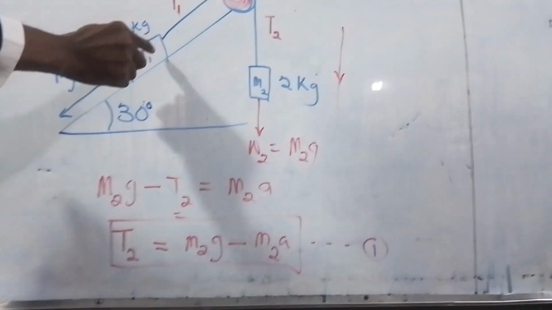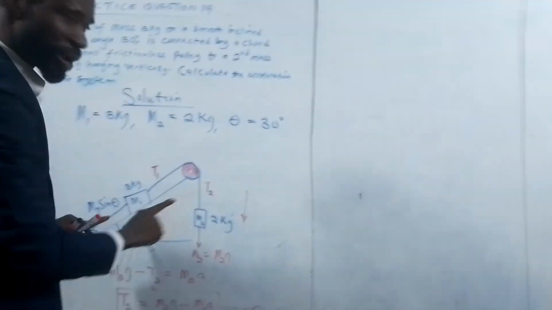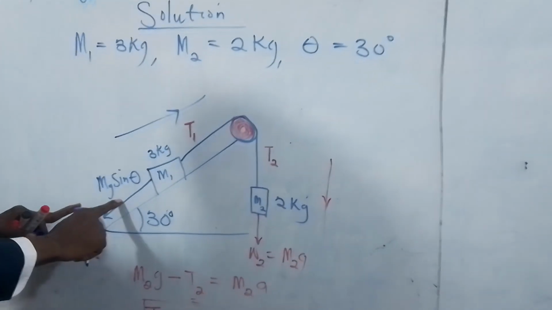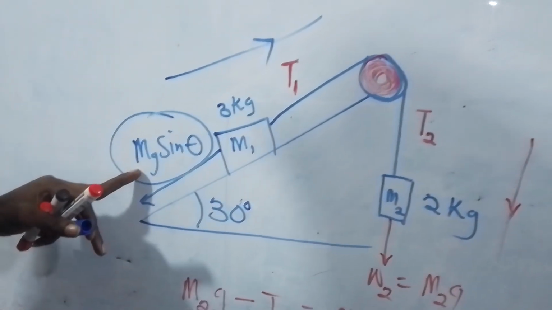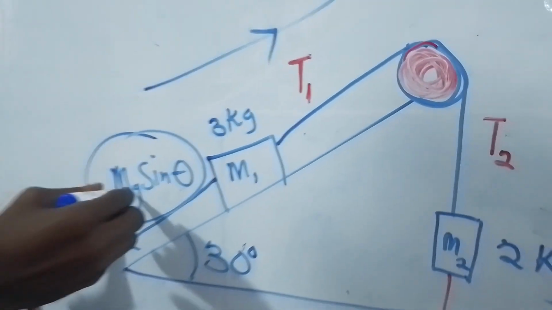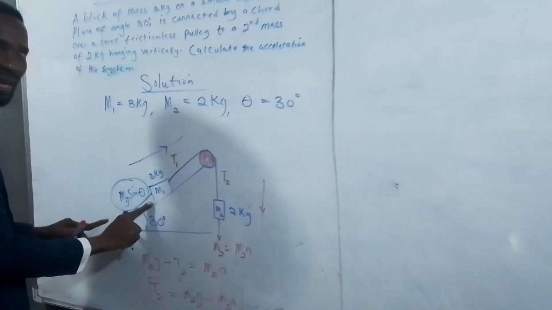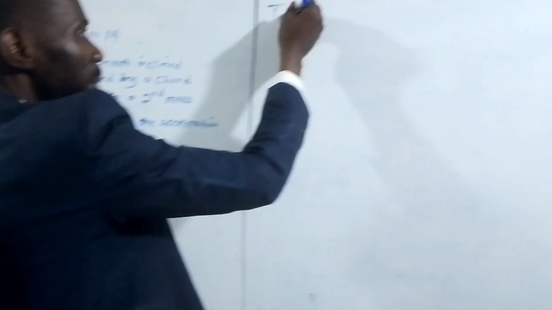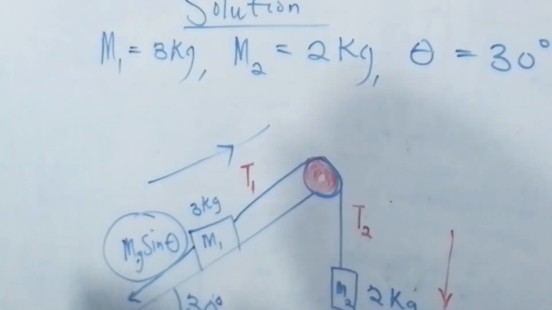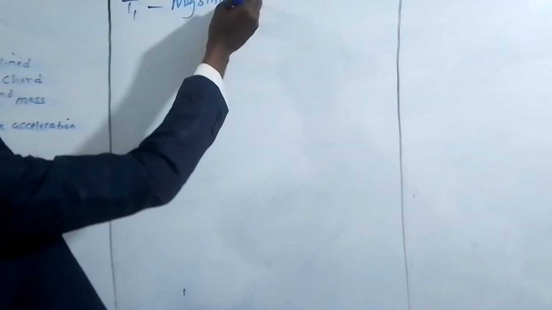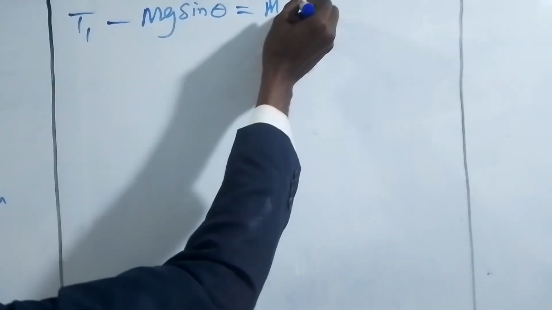Now, let us go over to the second mass. Since the system is accelerating this way, we have T1 minus M1G sine theta, which is the force tending to pull the mass M1 down the plane, and that will be equal to M1A.